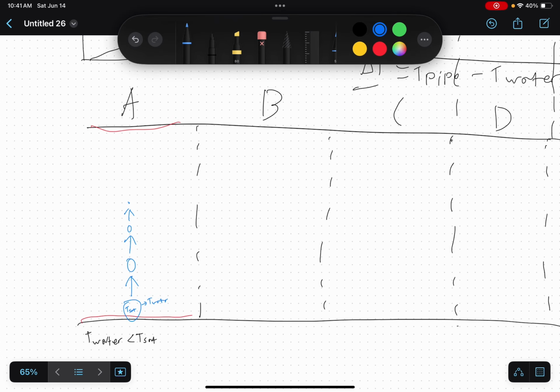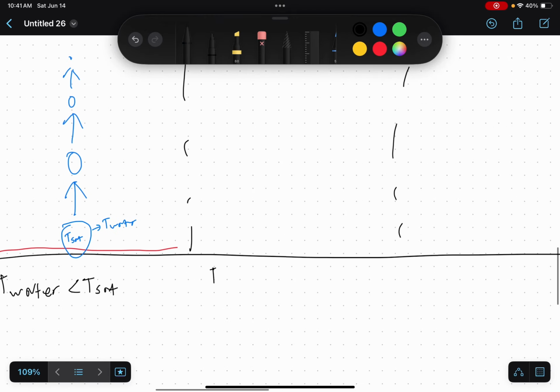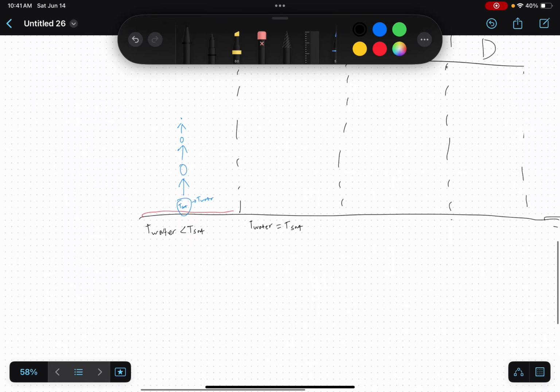Second region, region B. So here we've got T water equals T sat. So now we're starting to make steam.